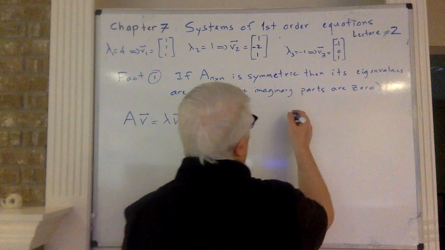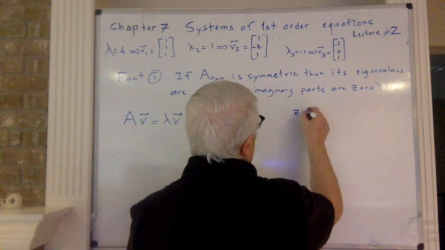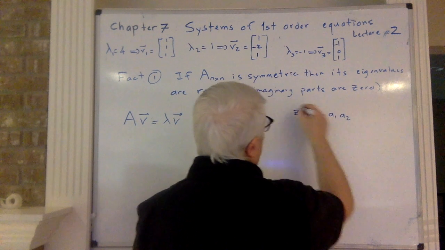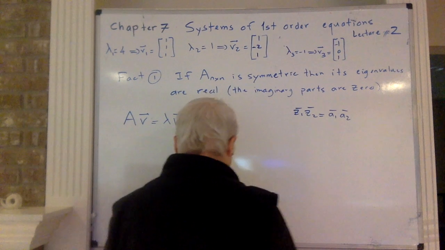So if I have Z1, Z2 equals A1, A2, then the bars are also the same.